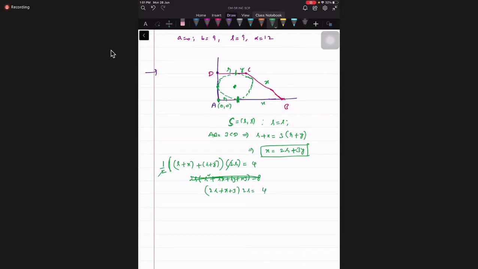Then again, we need one more condition, then we can conclude the option.